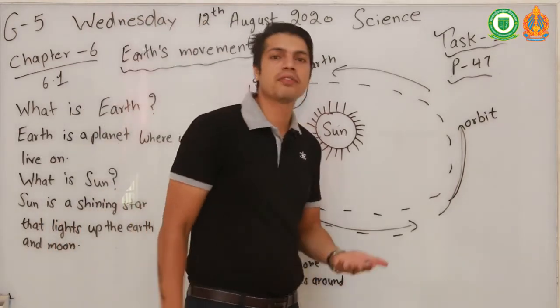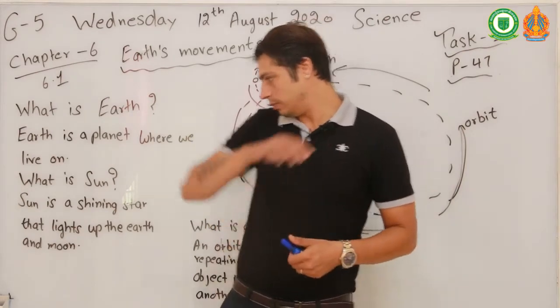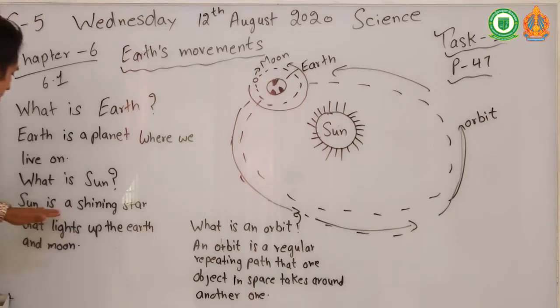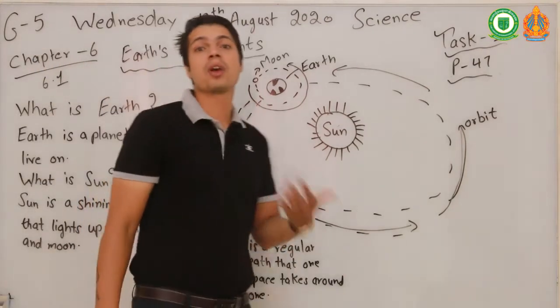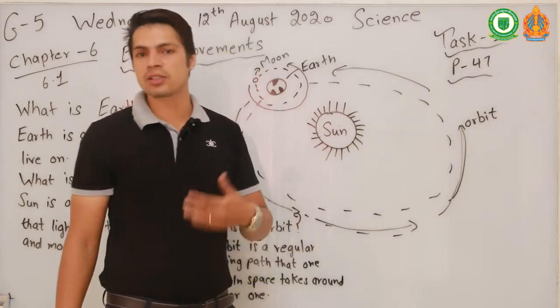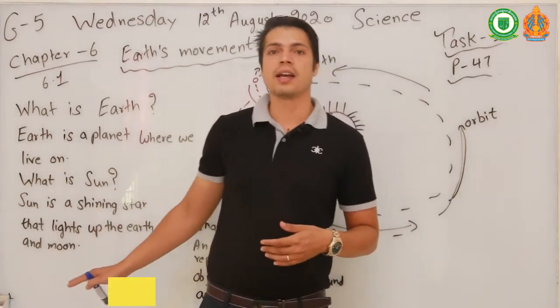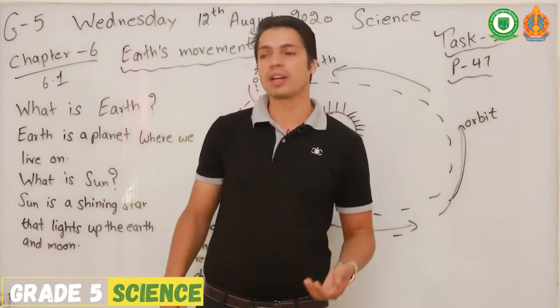So now what is the difference between a planet and a star? So the first and the foremost difference is, all the stars have very high temperature, okay. So sun is a star, and it is a big ball of fire, like it's very hot.